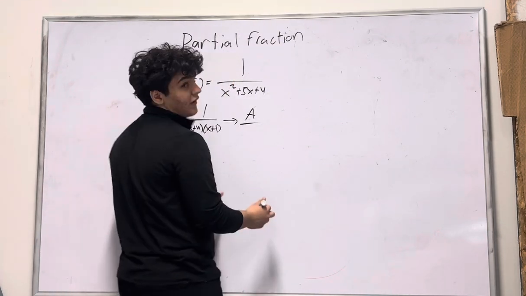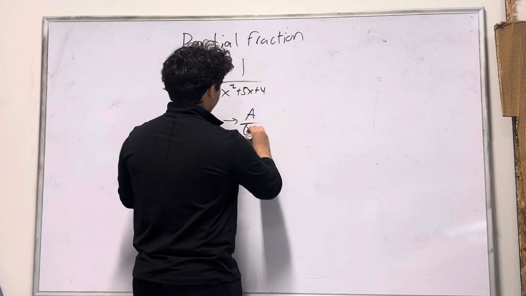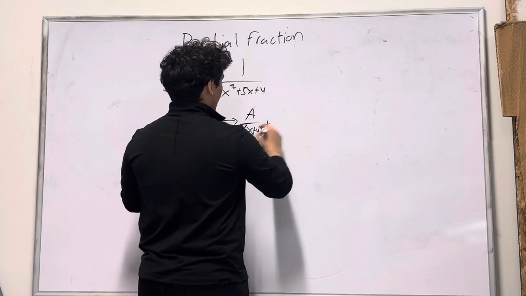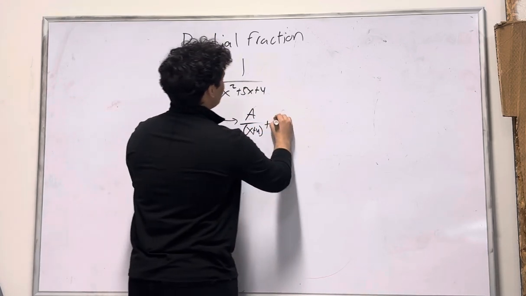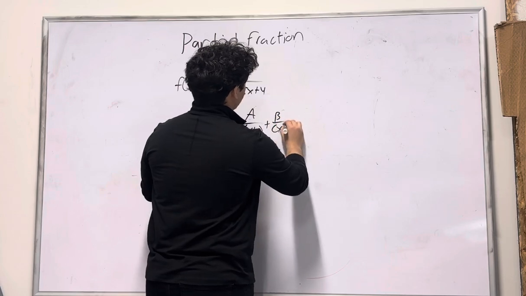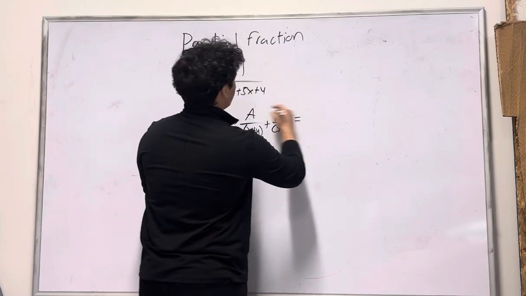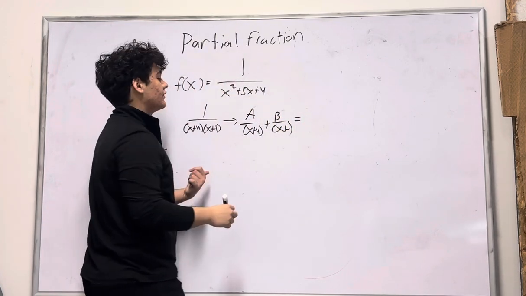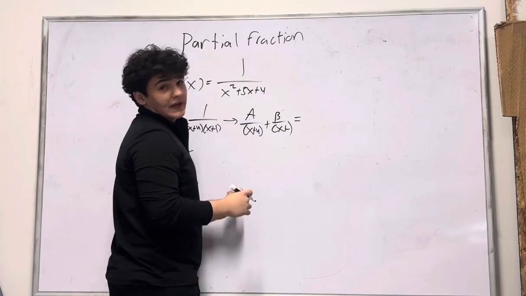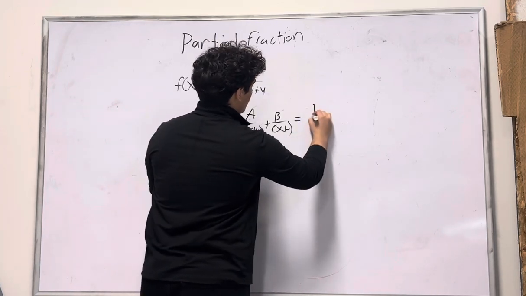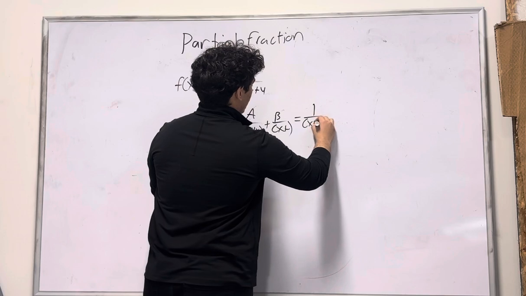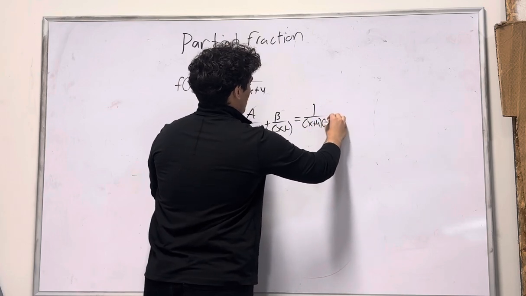Could be any number. We'll find out. All right, so A divided by x plus 4, plus B divided by x plus 1. And now this can equal this original function, right? That's why we want to do that. We're pretty much solving for A and B here, all right? 1 over x plus 4 times x plus 1.